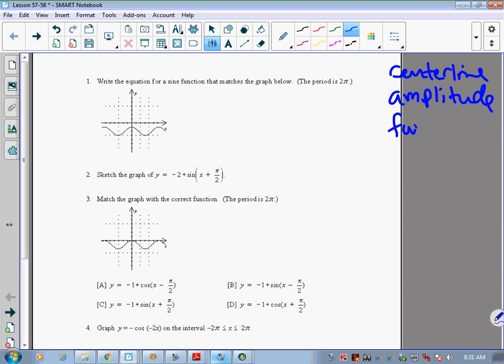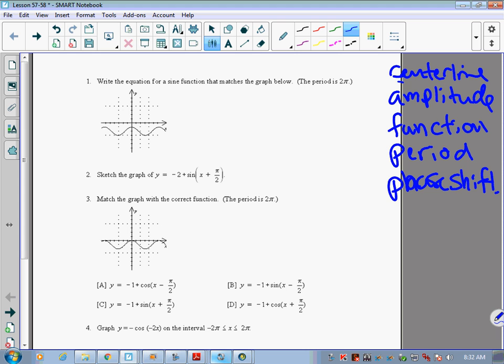Function. Period, and phase shift. Or CAF PP. CAF PP. That's the order that it goes essentially from left to right.